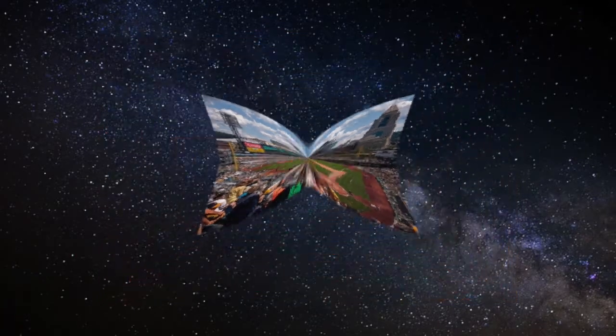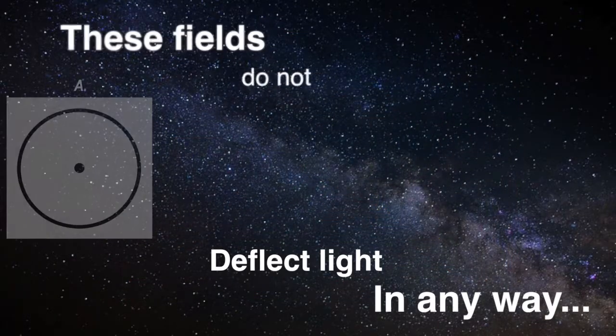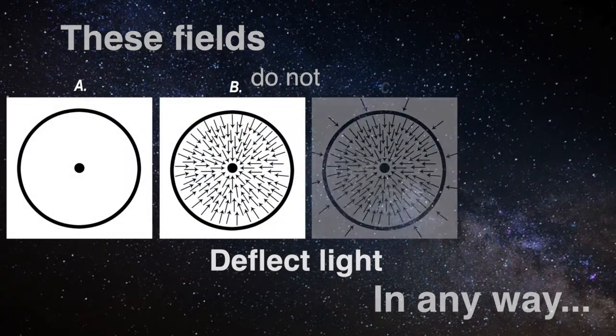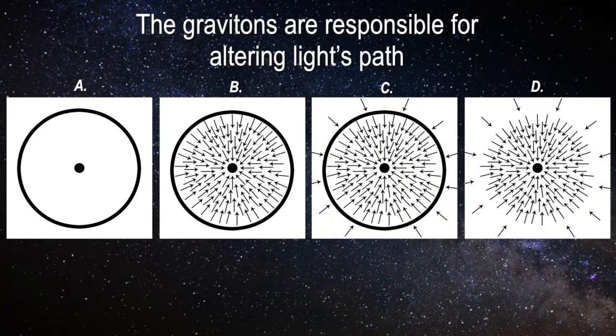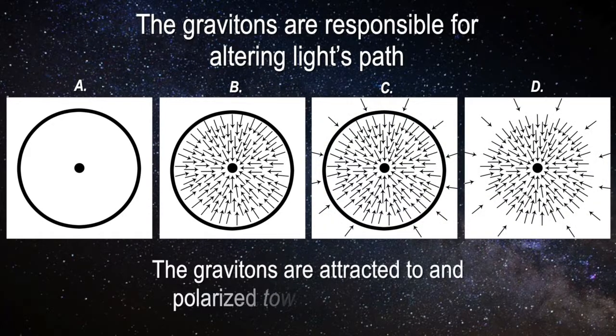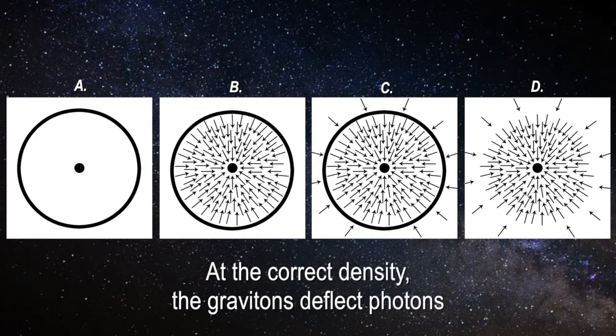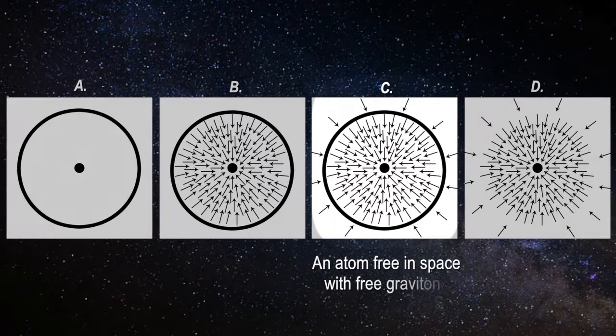And these fields do not deflect light in any way. The gravitons are responsible for altering light's path. The gravitons are attracted to and polarized toward the nucleus. At the correct density, the gravitons deflect photons.